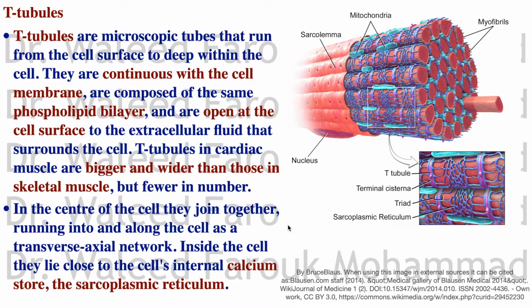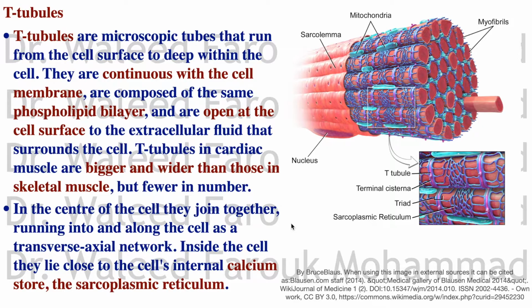If we discuss the T tubules a little, they are microscopic tubes that run from the cell surface, like mentioned before, attached to, or actually continuous with, the cell membrane. So it's composed of the same bilayer of phospholipids, and they are open at the cell surface to the exterior, to the extracellular fluid that surrounds the cell.